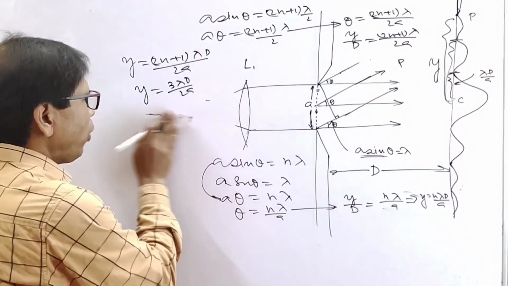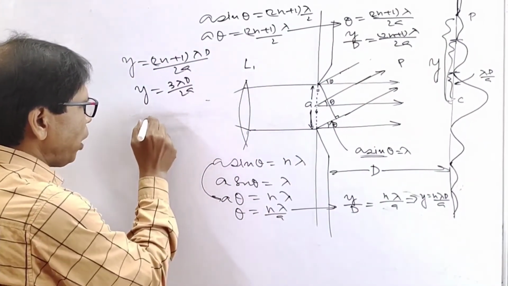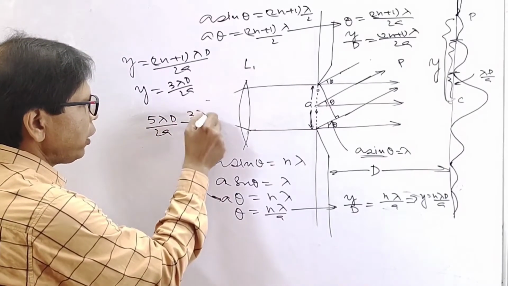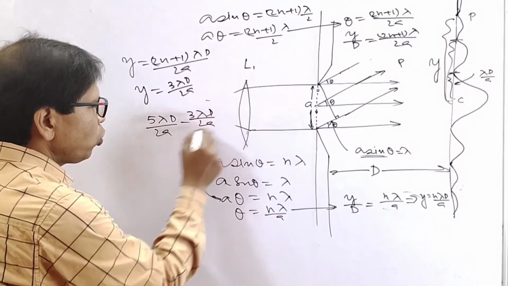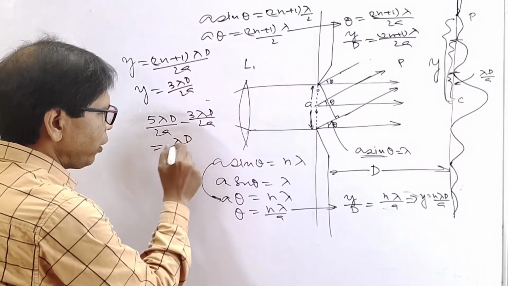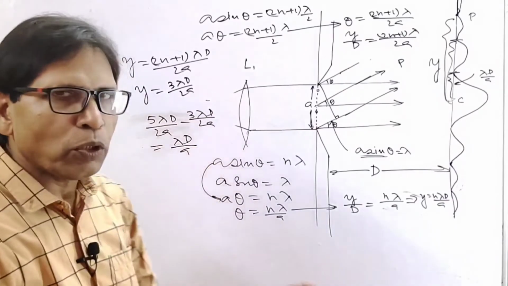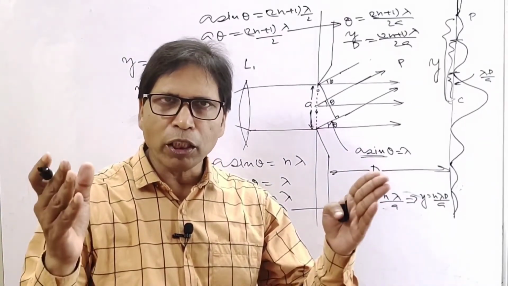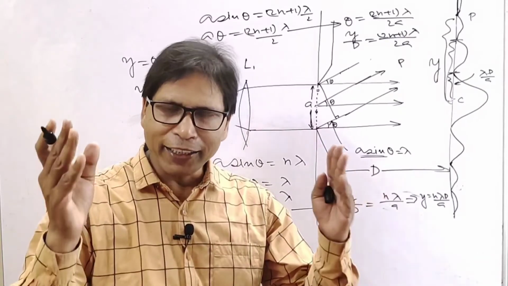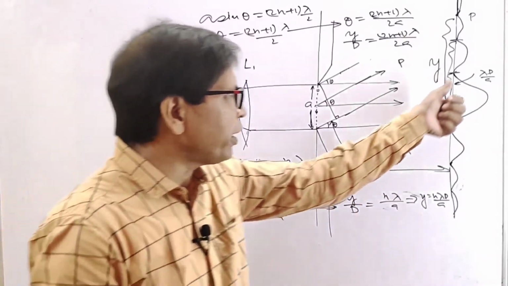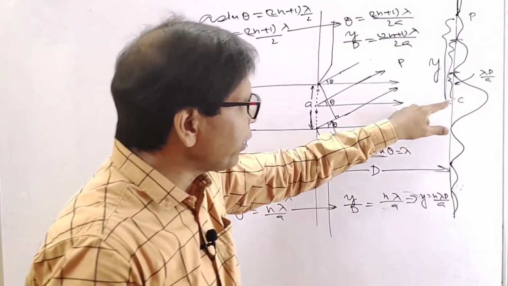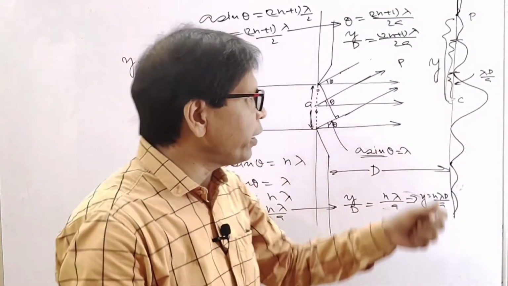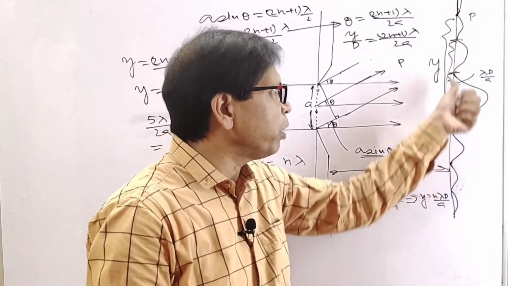Now the distance between two consecutive maxima is 5 lambda D by 2a minus 3 lambda D by 2a, which is lambda D by a. So the distance between two consecutive minima and the distance between two consecutive secondary maxima are the same. Now the width of the central maximum: the central maximum extends on either side up to the first minimum.